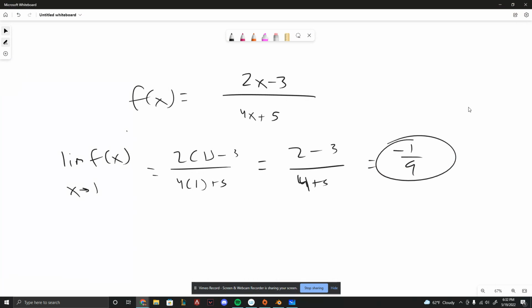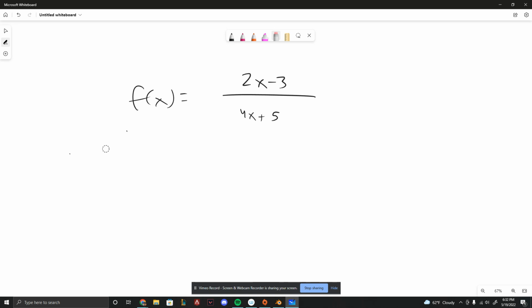Okay. So now I need to introduce one more rule. This will normally come when you are working with rational equations. If you are finding the limit of something that makes the denominator zero, or essentially makes the whole fraction undefined, you have to do some work to your equation to make it not that.